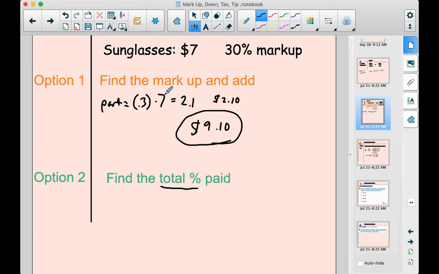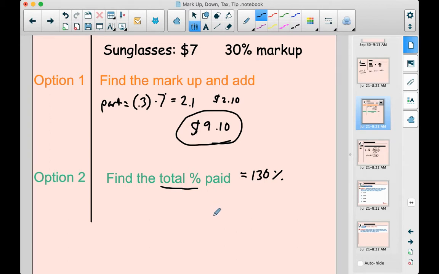If you think about adding the markup, we add this 30% markup to 100% of what the item already costs. So this is 100%, we add another 30%, that brings you to 130%. So the total that we pay is 130%, or the total that we're selling for is 130% of what we got the glasses for.